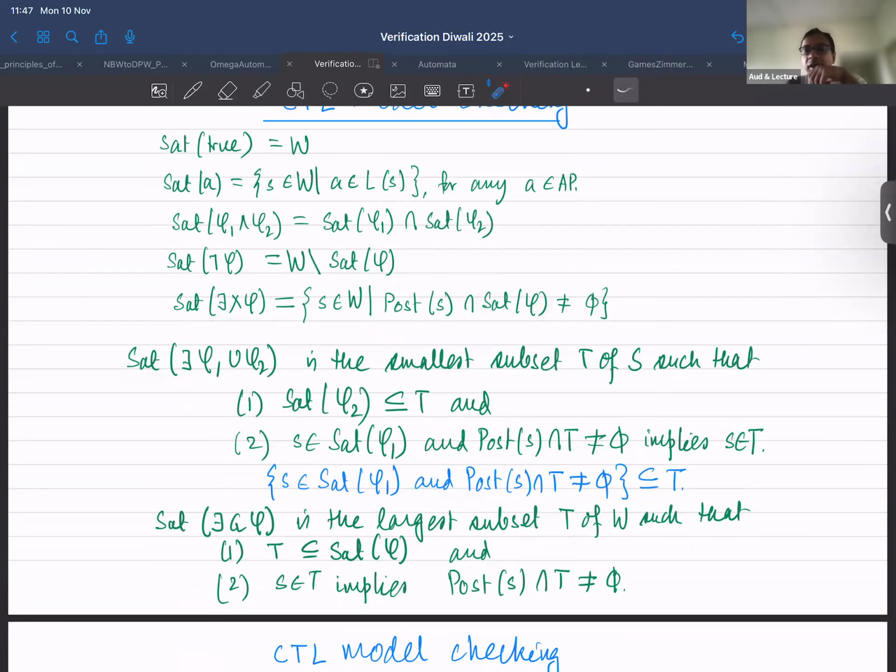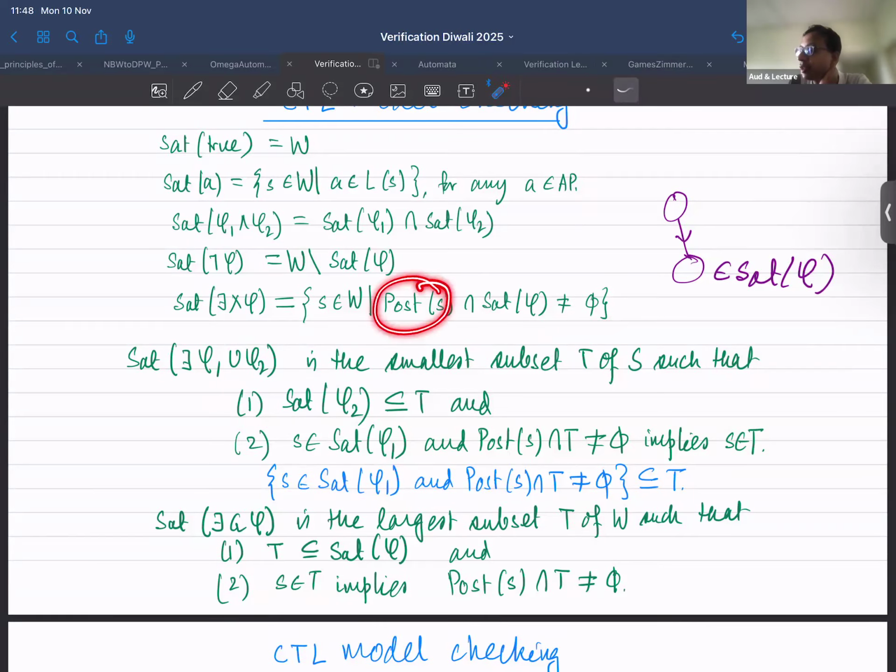It means those set of states such that there exists some path, so there exists some successor which will satisfy phi, so some successor that belongs to SAT of phi. So SAT of exists X phi is essentially the set of states such that post of S intersection SAT of phi is not empty. Is it clear?